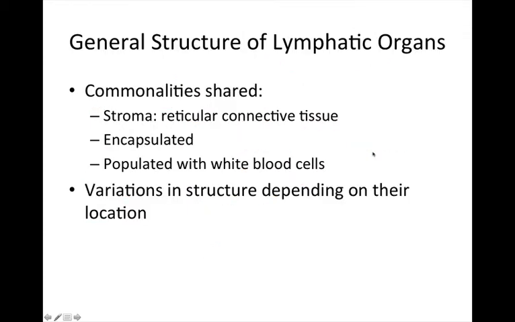All right. Now, when thinking about the general structure of these lymphatic organs, again, there are some commonalities that they share. For example, there's stroma. Stroma is the histology term for the internal skeleton of an organ, the internal framework of an organ.